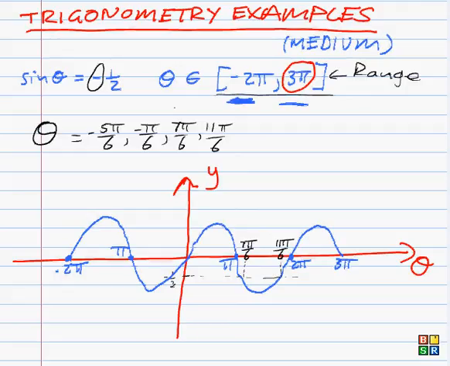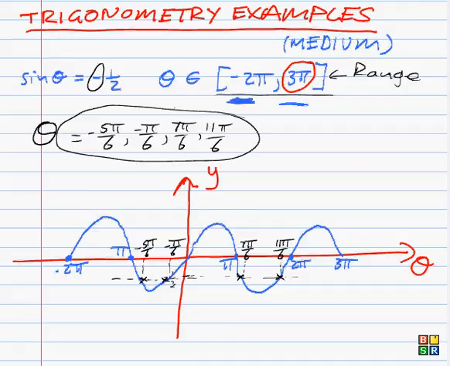The reason for drawing this back is that now we can see what these other two answers refer to. The minus 5 pi on 6 is this solution, and the minus pi on 6 is this solution, the point where the graph has a height of minus a half. Again, you didn't need to draw this graph. I'm just showing it so that you can understand why there are four solutions, and importantly, why there is a distance of 2 pi between solutions.